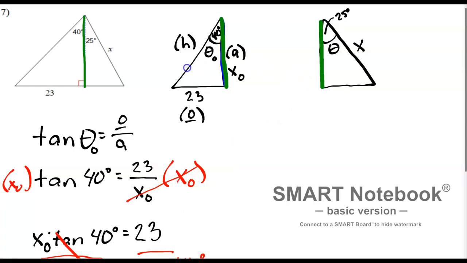So therefore we do know x naught. It's 27.4, so I'm going to come here and put 27.4. And while I'm at it, I'm going to label what I'm supposed to do on each triangle. So here's my theta, here's opposite, here is hypotenuse, and here is adjacent.